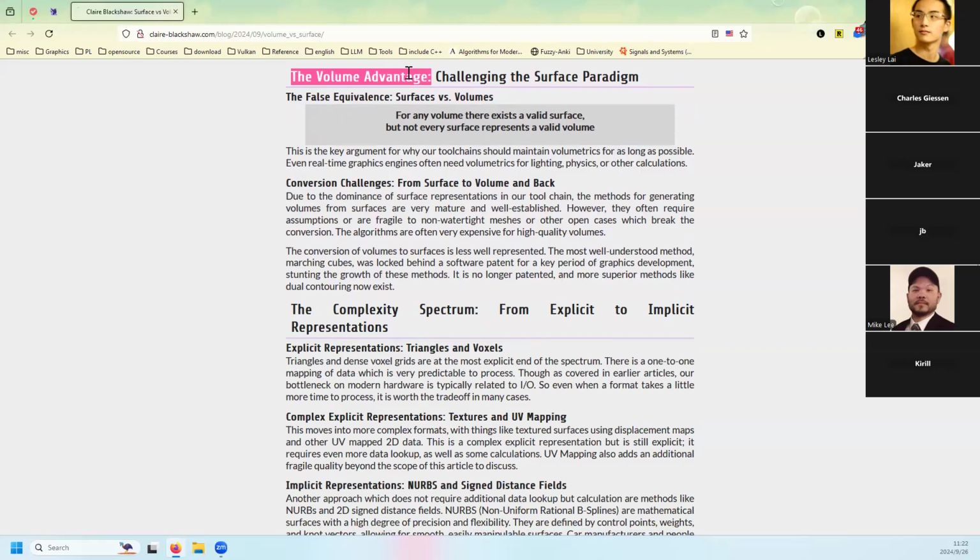And advantage of volumes. And false equivalence. For any volume, there exists a valid surface. Yeah, but not every surface represents a valid volume. I think there is a mathematical property for that, but I just don't remember the name.